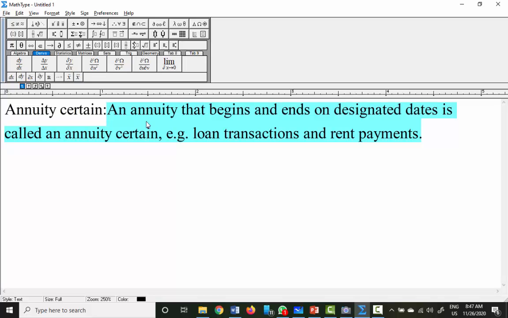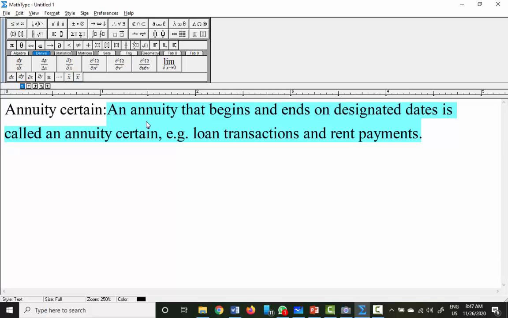For example, if you borrow 10 lakh taka, or 1 million taka, today to buy a car, on a 5 year loan, the loan will mature after exactly 5 years.